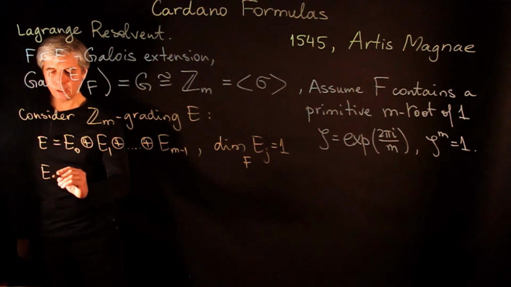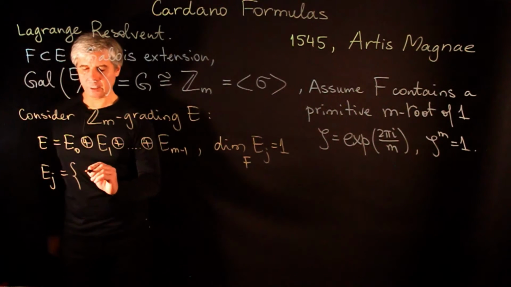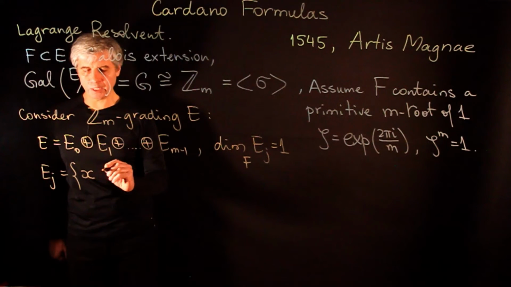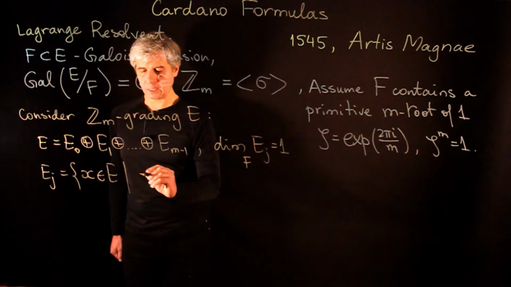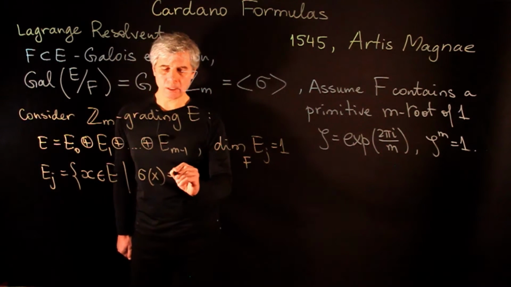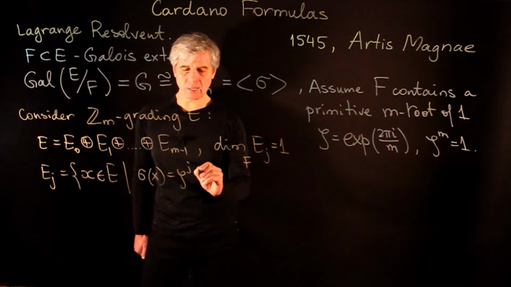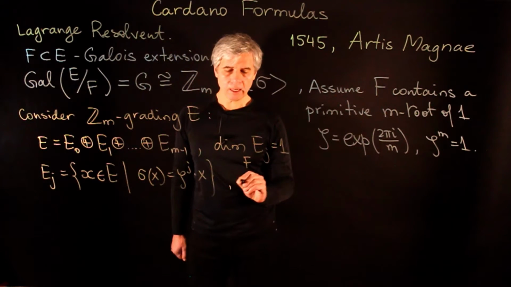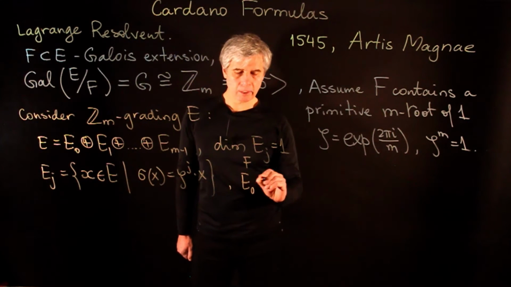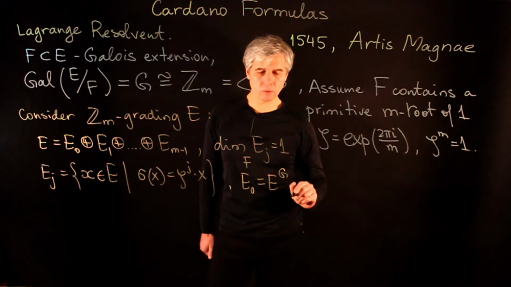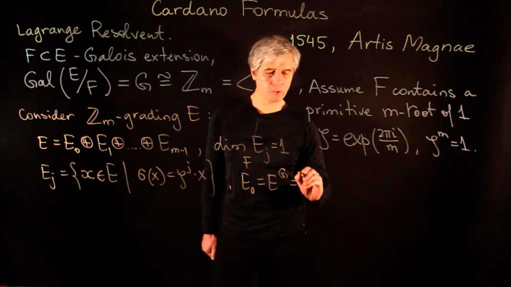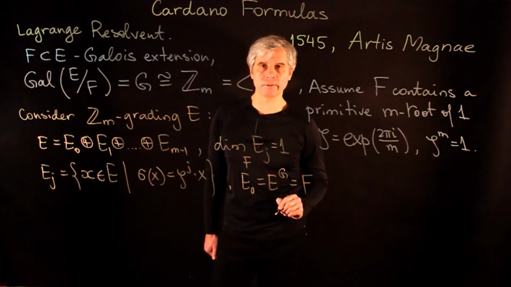The space Ej is the eigenspace for sigma, so it's x in E, such that sigma of x is equal to zeta to the power of j times x. And the space E0 is the fixed point set under the Galois group action, and by Galois correspondence, this is equal to the base field F.